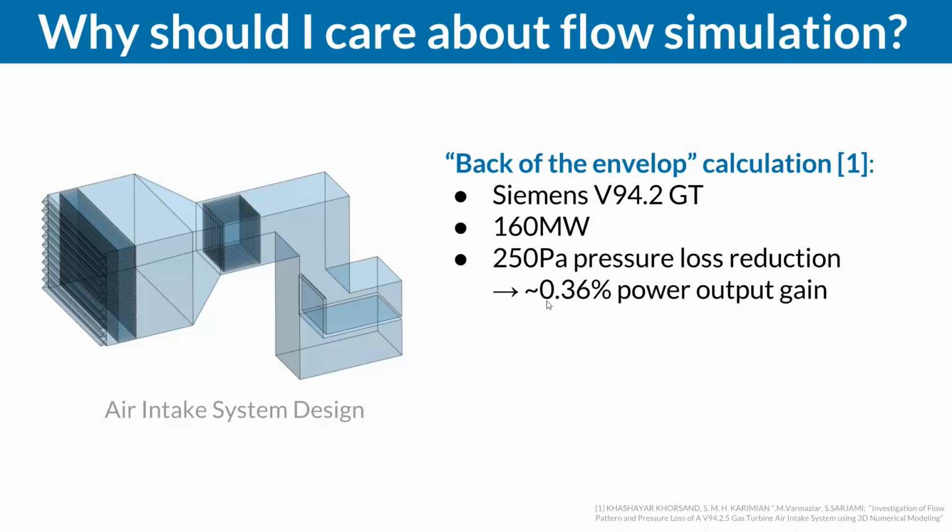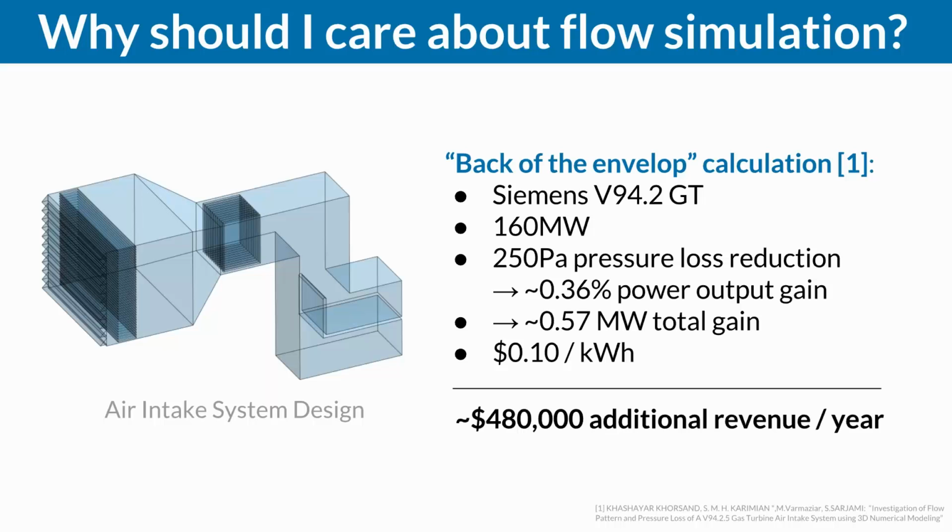Which doesn't seem to be a lot, honestly. I'm not shocked by that number. But overall, if you continue that calculation, that gives you a total gain. And if we assume this operator makes 0.1 dollars per kilowatt hour, we're going to end up over the year with a huge amount of additional revenue you can make with that gas turbine.